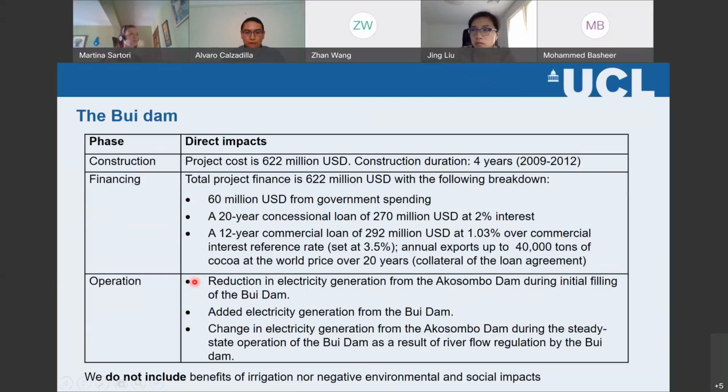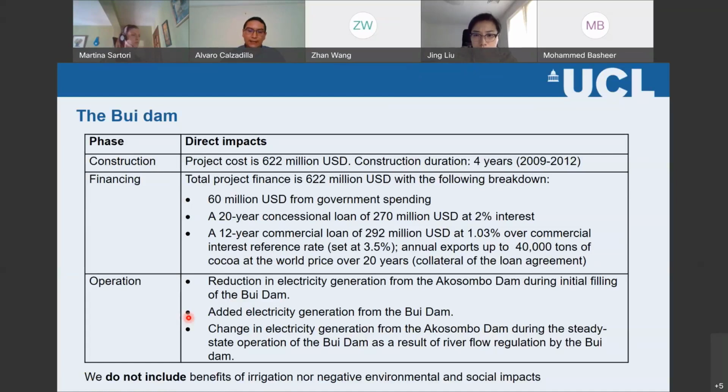In the operation phase, we do have a reduction in electricity generation from Akosombo during the initial filling of the Buoy Dam, and this is basically captured by the water model that we do have here in the modeling framework. And then when we start to build the Buoy Dam, then we add the electricity generation.